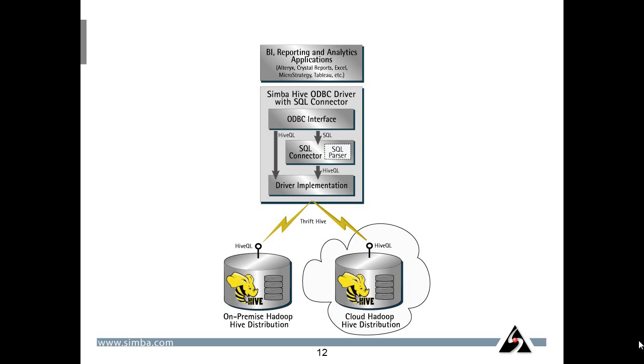But what's really exciting and what's different about our driver is actually the SQL connector. The SQL connector is a feature within our driver that gives us full standards compliant SQL 92 processing capability. And we can do this, of course, because our Simba Engine SDK includes a full SQL engine and parser.